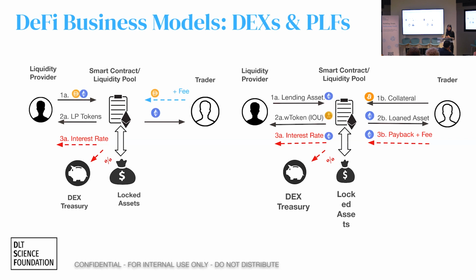This would cause impermanent loss. So the liquidity providers, indeed, would gain some fee, but because the makeup of their portfolio previously was 50-50 in value weight, as time goes, it's not 50-50 anymore.